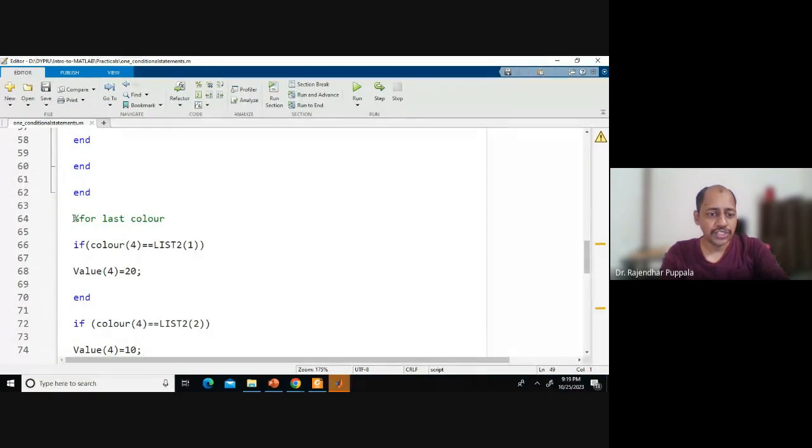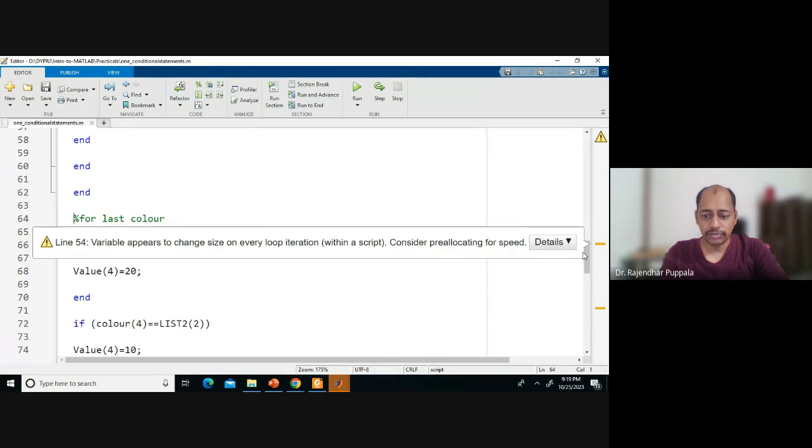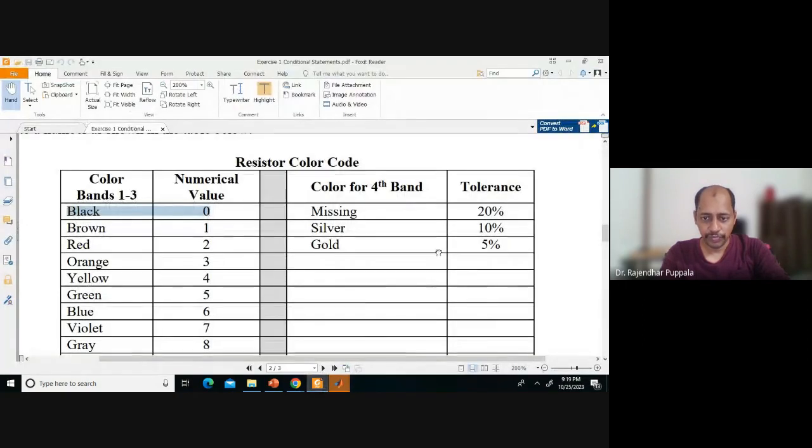Now for the last color, what are the tolerance values given? If it is missing, it's 20%. If it is silver, it is 10%. If it is gold, then 5% tolerance will be there.